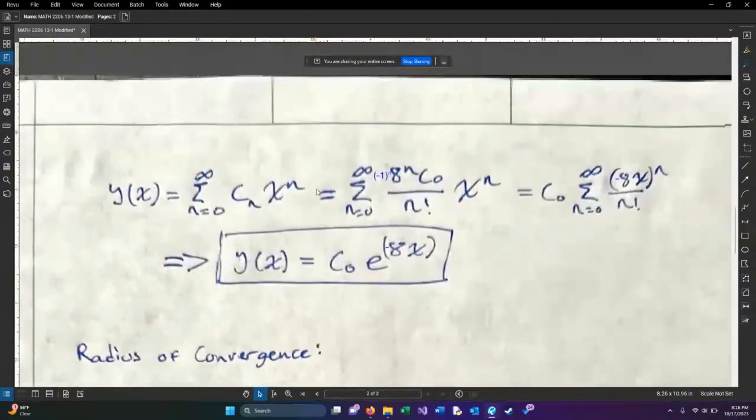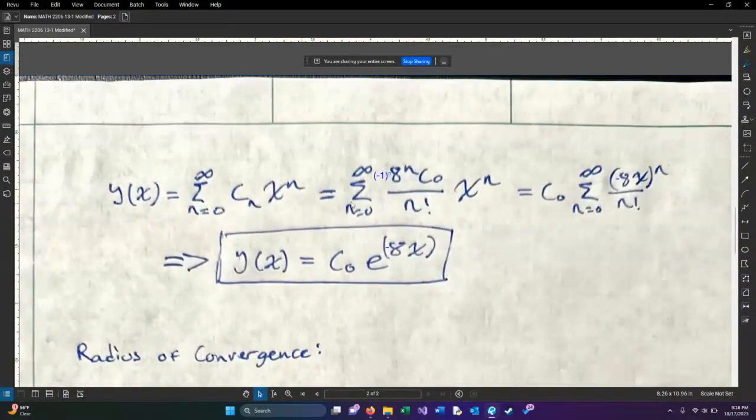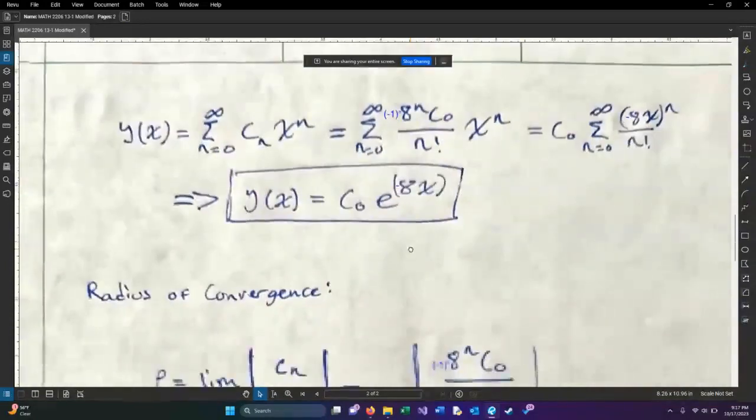Then you can solve for y of x, which is equal to the summation of c_n x^n, and you plug back in the c_n that you found. Using the Taylor series, you can determine that this is equal to, in my case, e^(-8x). So y of x is c_0 e^(-8x).